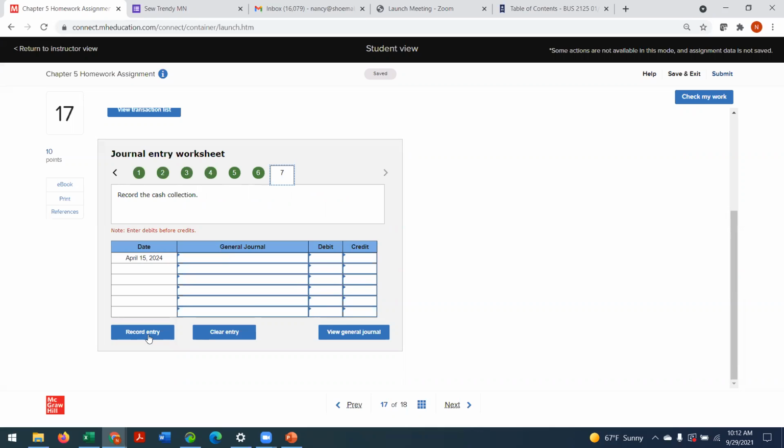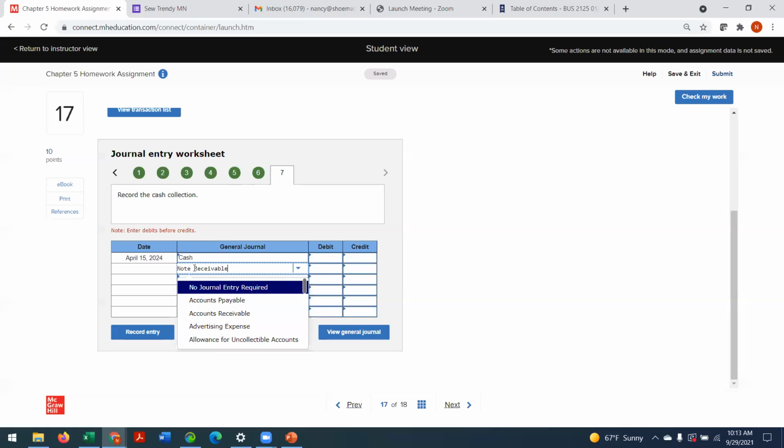Then record the entire cash collection. We're going to have cash. We're going to have the note receivable of the $92,000. We're going to have the interest receivable of the $58.65.